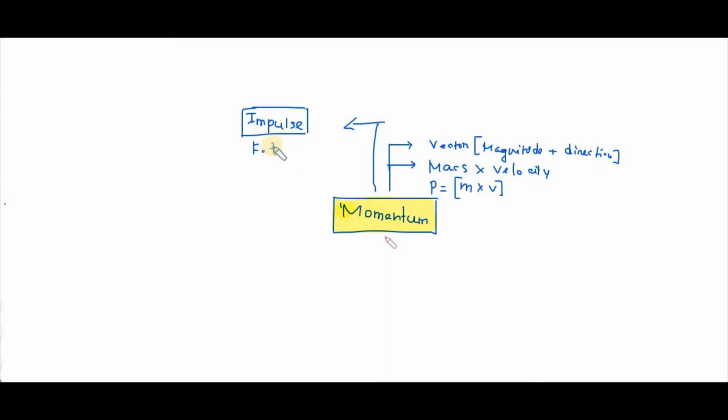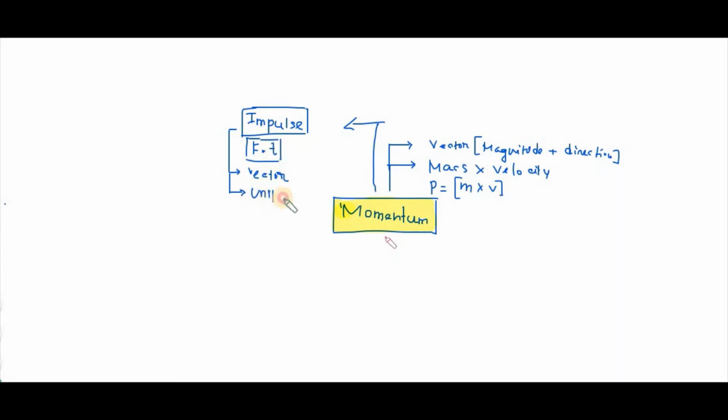So it's force times time that we have represented as impulse. Impulse is a vector quantity having magnitude as well as direction. The magnitude of the impulse can be represented by force and time, and the direction of the applied force will be considered as the direction of the impulse.